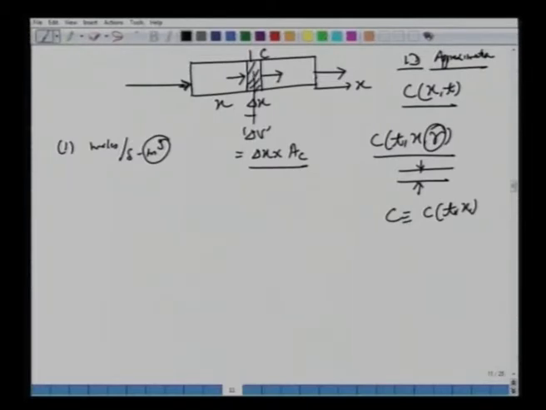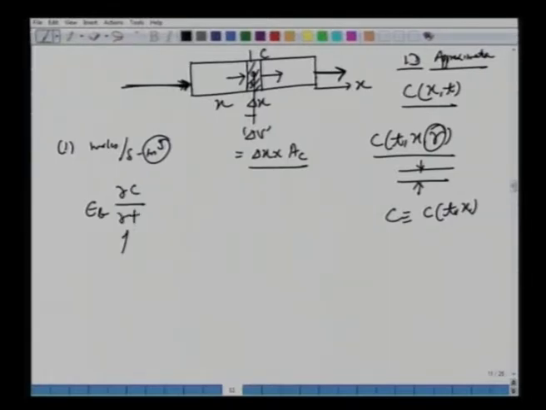Why is there a difference? Because there are solids here, and certain species are getting lost, getting adsorbed at this solid surface. If you recall the species balance we have done earlier also, the continuity we wrote is a species balance, where we can write epsilon b, which is the bed porosity, del c by del t.